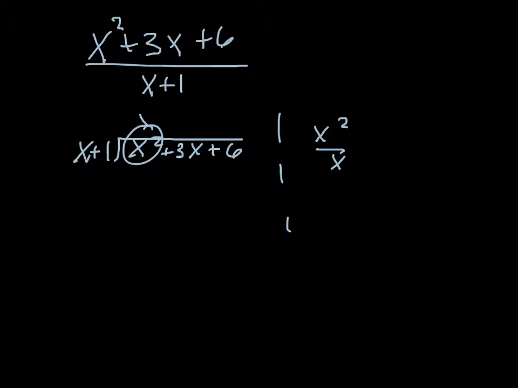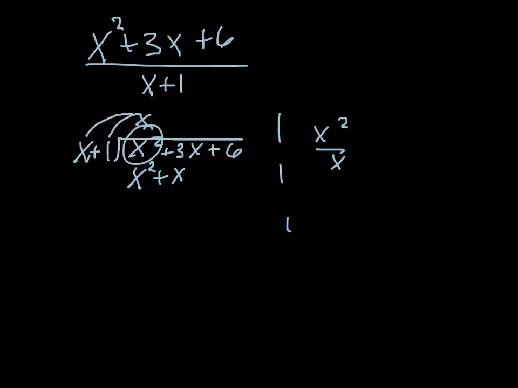So you'd put the x up here, and then you multiply the first term at the top with each term on the left side of the division bar. So x times x is x squared, and then x times 1, which would just be x.